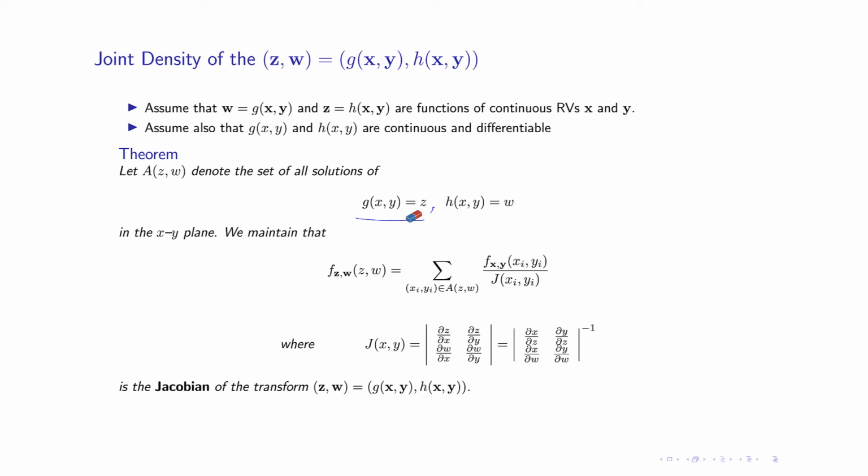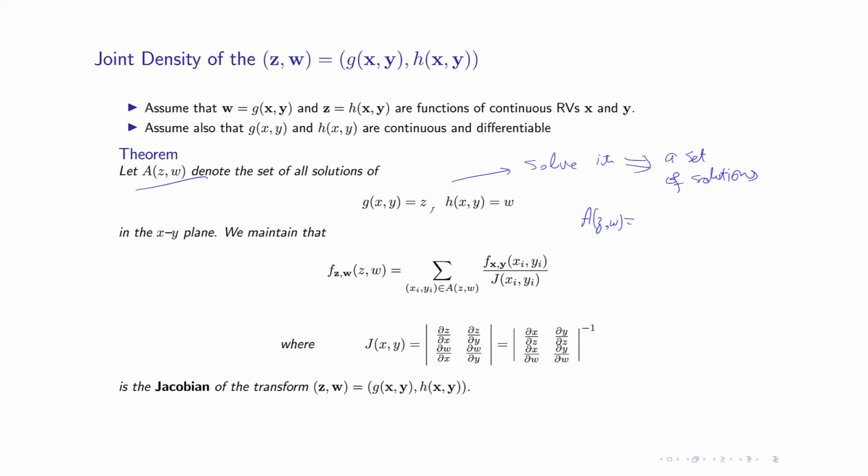So you have a system with two equations, and then you solve it. And once you solve it, you will obtain a set of solutions. This set of solutions we denote by A of Z and W. A of Z and W may be empty. So if you don't have any solution, this set is empty.